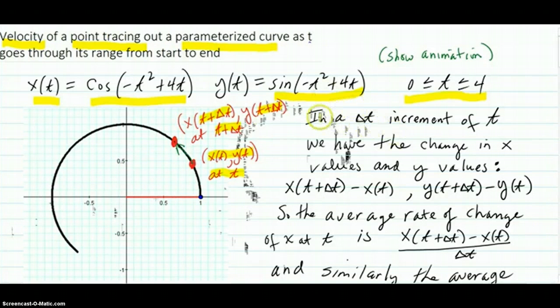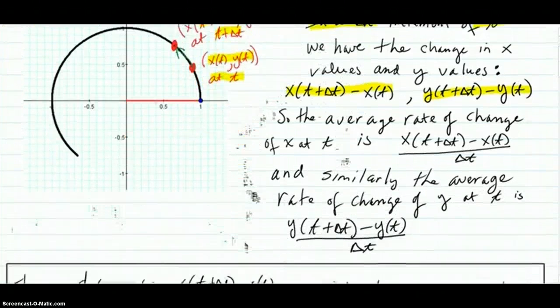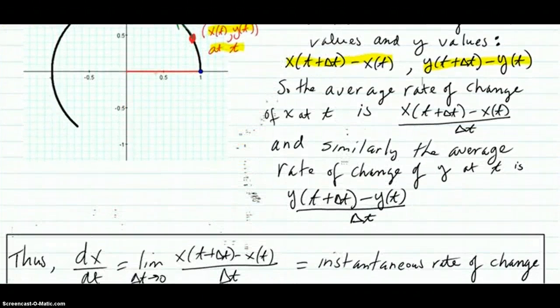And so we have, in a delta t increment of the parameter, the change in x values and the y values to be this change for the x's and this change for the y's. So the average rate of change of x at a t value is this difference quotient, looking just like the derivative, and similarly the average rate of change of y at a t value is this difference quotient here.